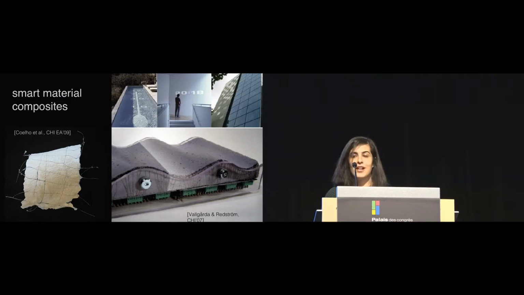Smart materials provide material components that can be tightly coupled with computers in creating computational composites, an approach that Vallgårda and Redström put forward in exploring the aesthetic and expressiveness of computers as a material of design.